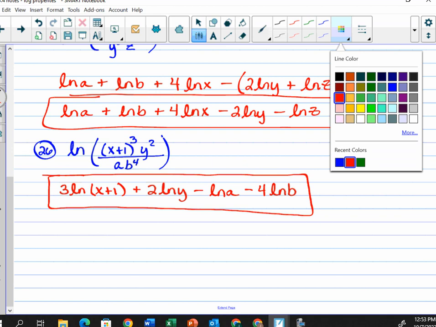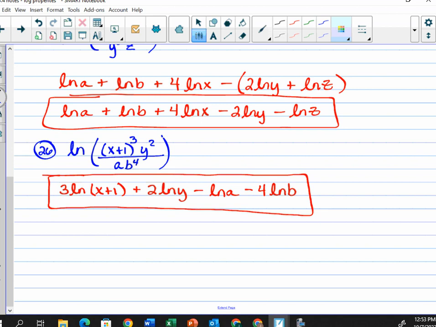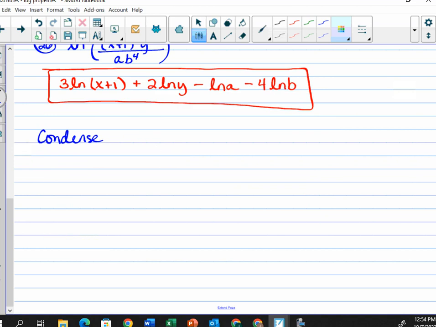All right, condense. Well, that was expanding. We're going to condense some complicated ones like this. Yeah, but not complicated ones like this, so we'll do just a couple. Or one, maybe. Let's do 3 natural log of x minus 2 natural log of y plus natural log of 8 minus natural log of z.